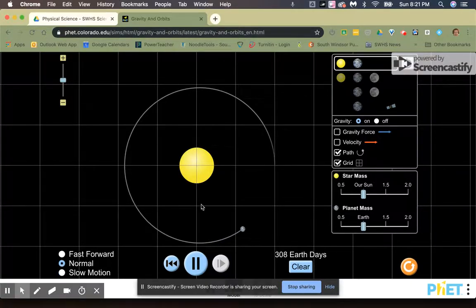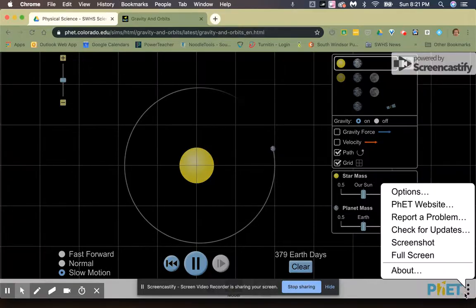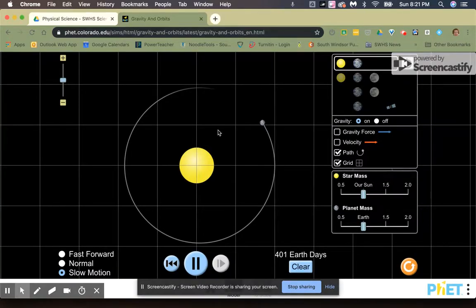Normal works quite well. Something I emphasize with my students frequently when using the PhET simulations is to go into the screenshot down here. You can use the screenshot button here or the shortcut buttons on your desktop.